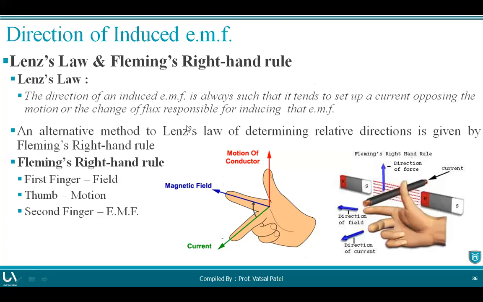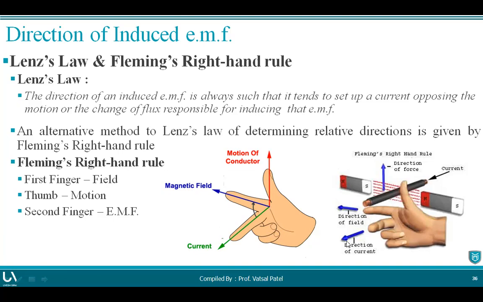The magnets are stationary here, and the magnetic field lines of force run from north to south. When you place your conductor in this magnetic field, you will have a magnetic field direction from N to S, and a force in the upward direction, which is the motion of the conductor.